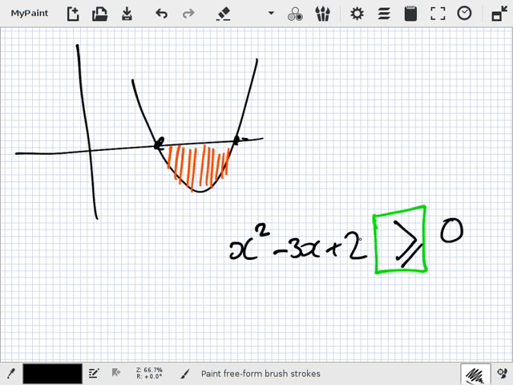I just know when there are 2 points. Ah, you might be thinking of the discriminant. Are you thinking of this guy? Yes, when there's 2 points, what are we saying? This guy is positive.